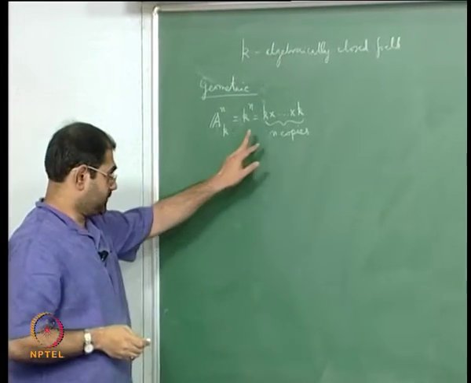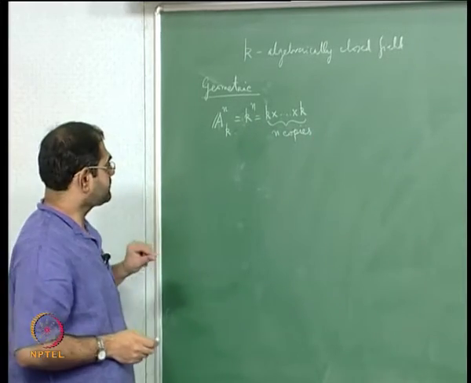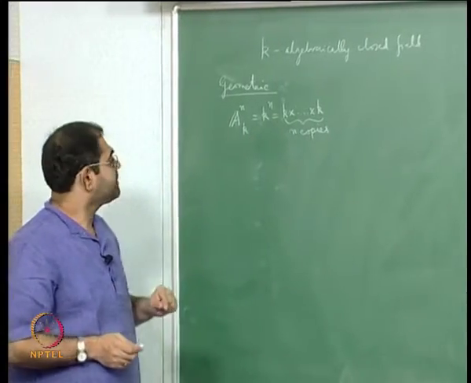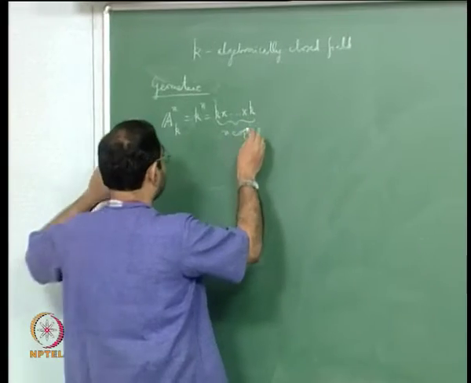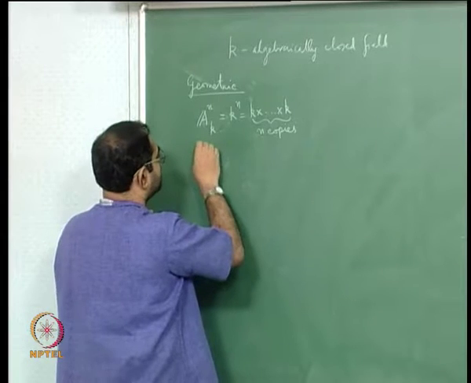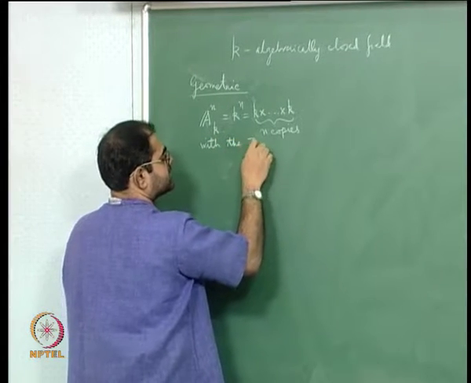This is the Cartesian product of K taken with itself n times. Of course n is greater than or equal to 1, and it is not just K^n, but it is with the so called Zariski topology.